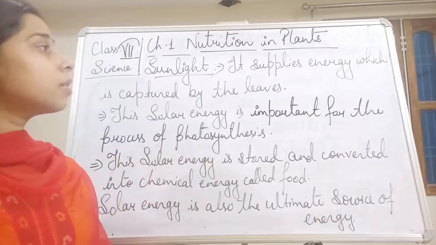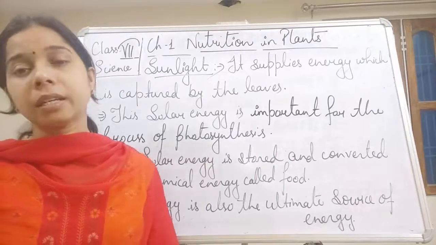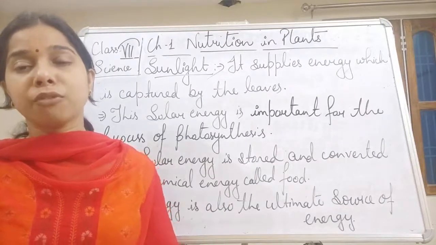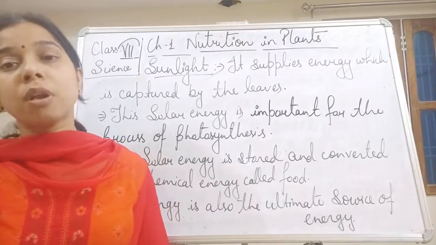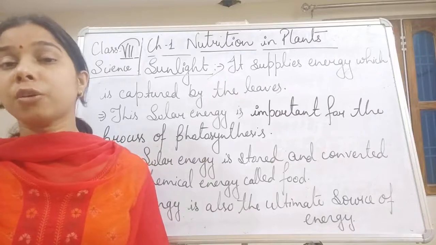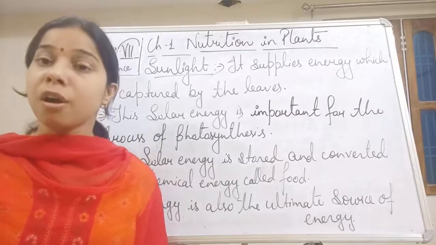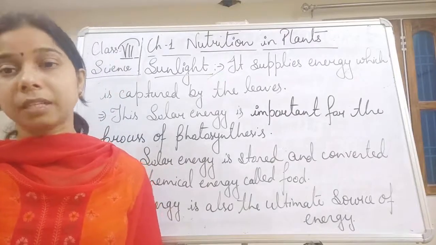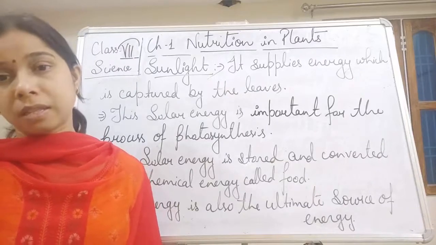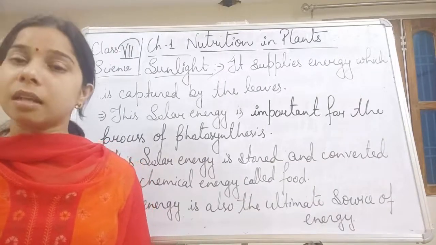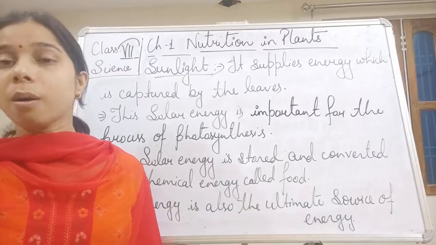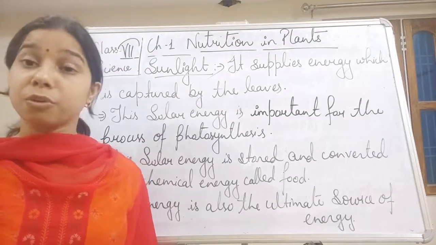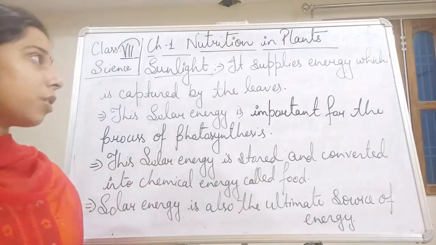You see students, by this we have completed how all the four conditions are really important. All these four raw inorganic raw materials are important for completing the process of photosynthesis, whether it is sunlight, carbon dioxide, water or the presence of chlorophyll. So everything is important here.